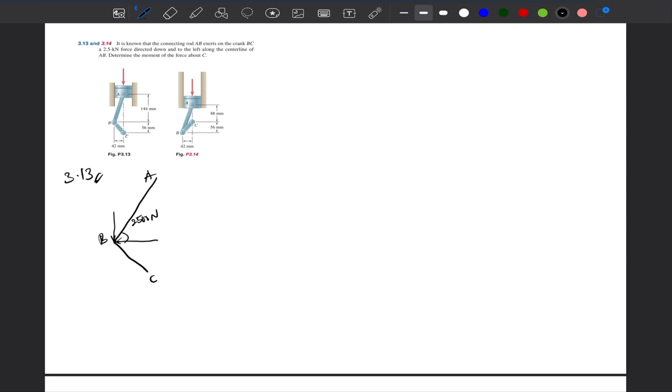So the calculated previously, our theta is 73.74 degrees. Then we can write out our horizontal and vertical components as 25 sine 73.74, 25 cos 73.74.